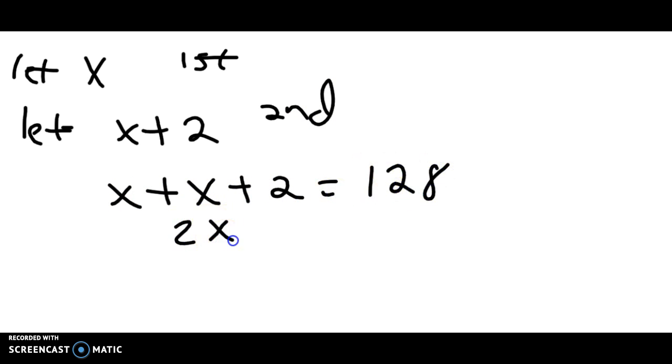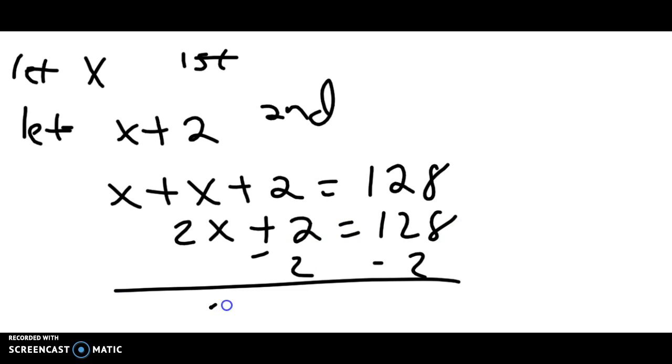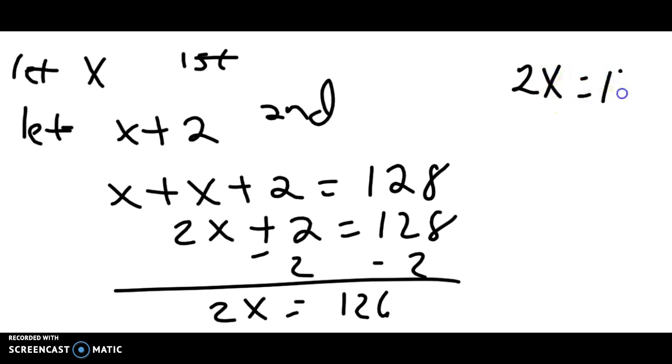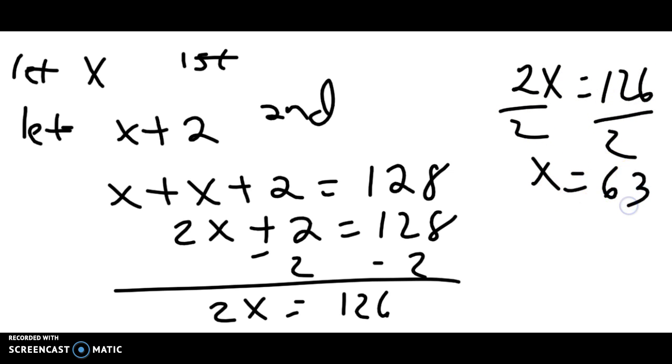You get 2x plus 2 equals 128. Subtract 2, 2x equals 126. When I divide by 2 on both sides, x equals 63. And 63 is the first number. When I add 2 to that, it gives me 65. So those are your two numbers.